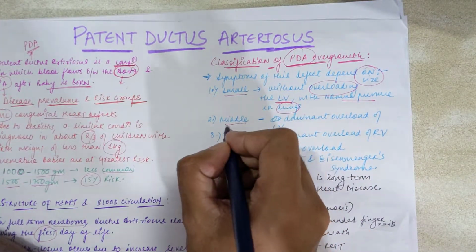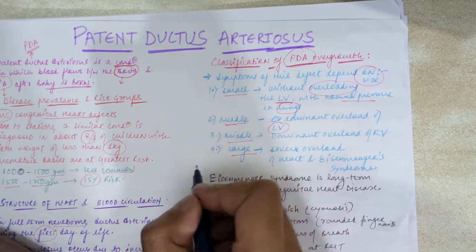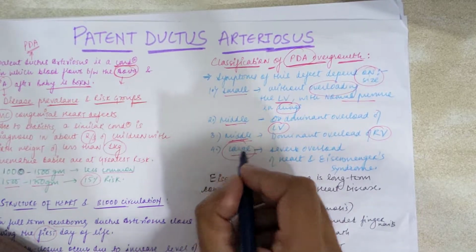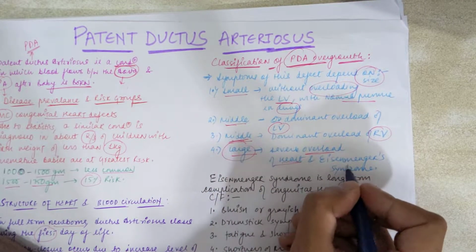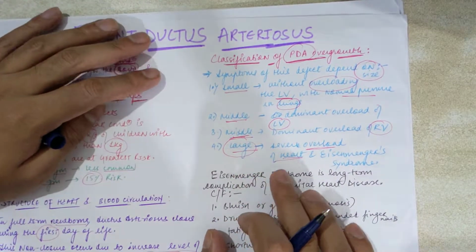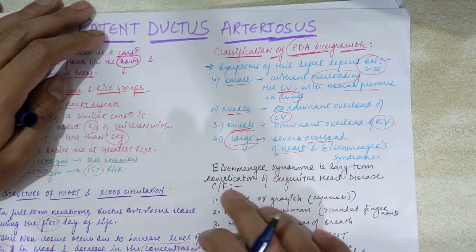If the opening is in the range of small to middle, the dominant overload is on the left ventricle. If middle, the dominant load is on the right ventricle. If large, there is severe overload on the heart, and Eisenmenger syndrome occurs. This syndrome can occur as a complication of a large patent ductus arteriosus.